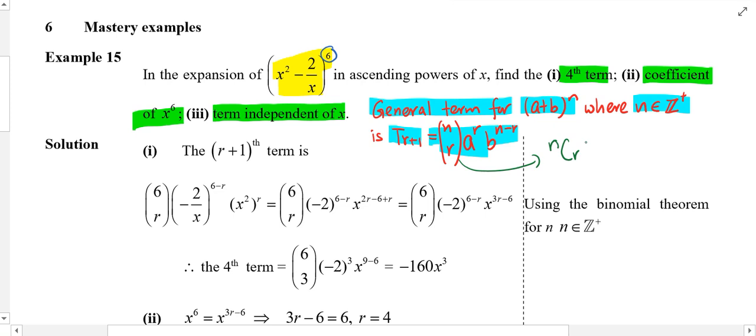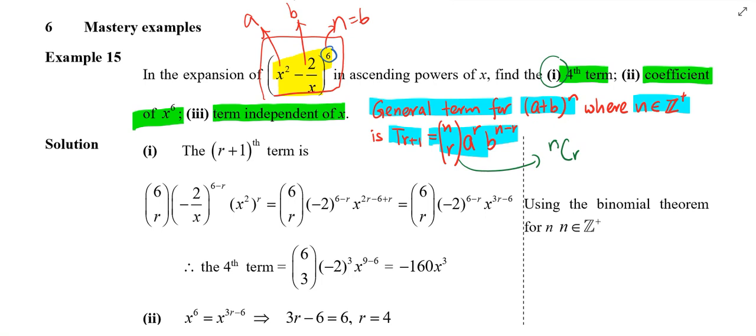So how do we find part 1, the fourth term? We use the idea of the general term. If you look at (x squared minus 2 over x) to the power 6, your n is equal to 6, this is your a, and this is your b, together with the negative sign. By applying the formula, you will get this.